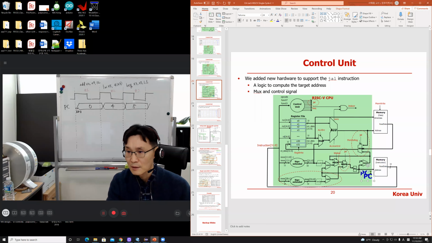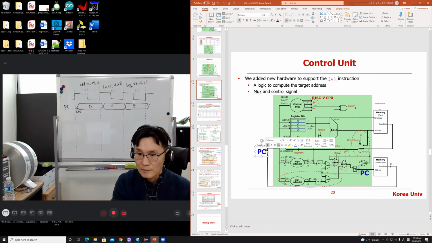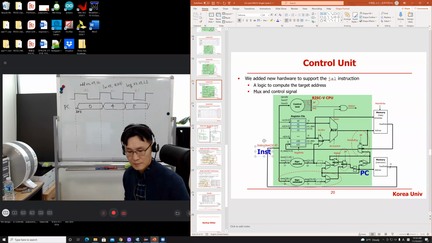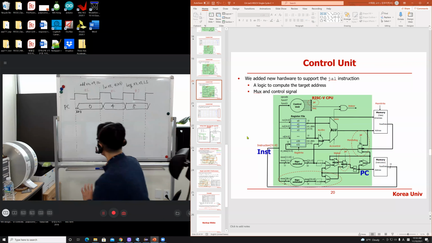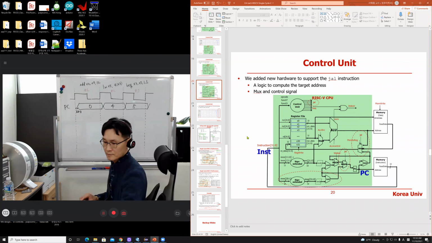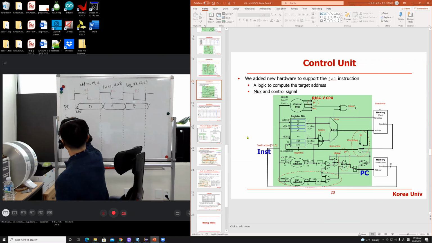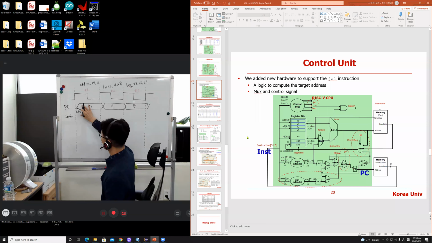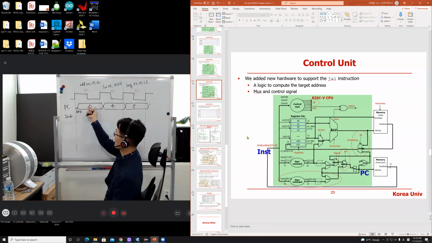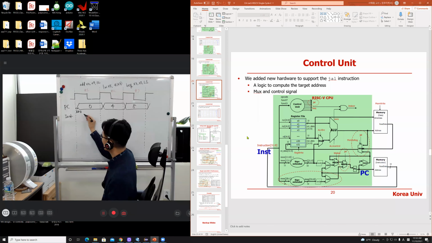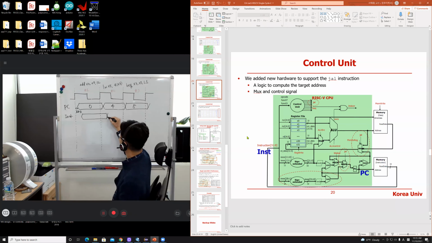Then check this signal, the instruction. The instruction is coming like this. The program counter is provided to instruction memory, so after a little bit of delay, the memory access delay, the instruction will be available like this.